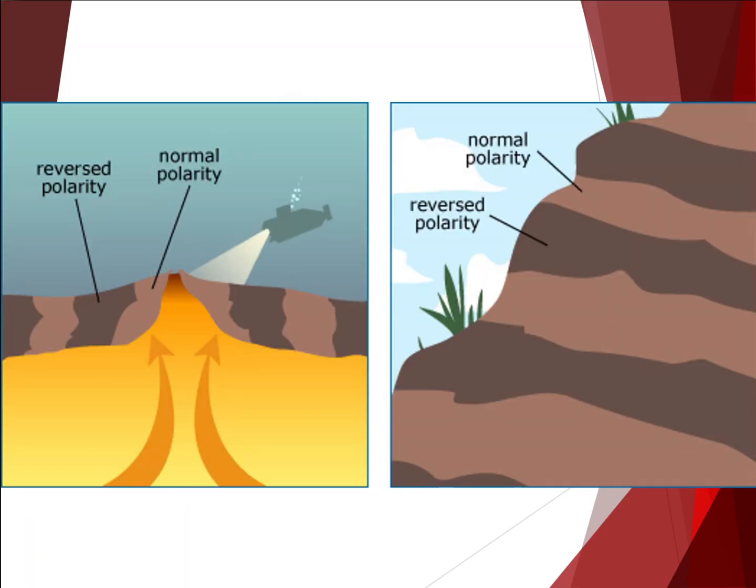These reversals have happened many times throughout Earth's history, but they do not happen at a predictable rate. Over the last 20 million years, there has been a magnetic pole reversal on average about every 200,000 to 300,000 years. However, much longer periods have passed without any pole reversals.